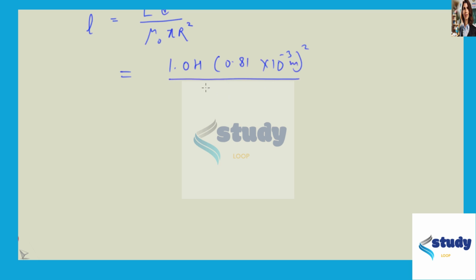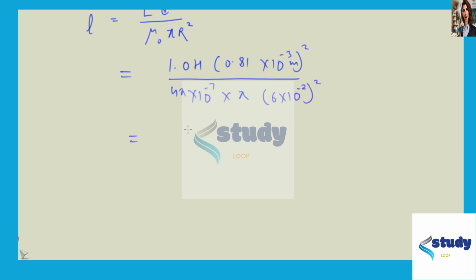mu naught, which is 4 pi into 10 raised to the power minus 7, multiplied by pi again, multiplied by the square of the radius, which is 6 into 10 raised to the power minus 2 to the whole square.